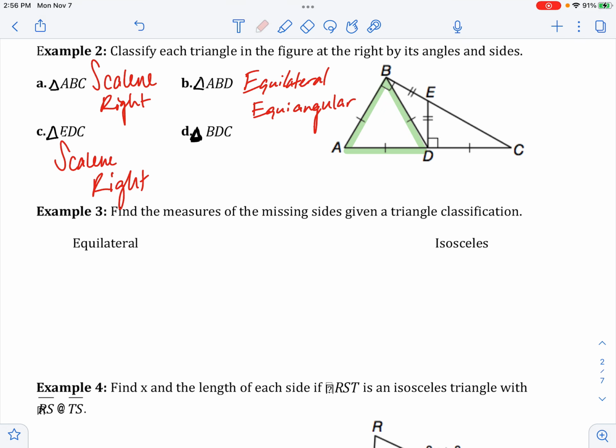And you could also classify that as acute. And then BDC, there we go. Looks like this one has two sides that are exactly the same. So I have an isosceles, and that appears to be an obtuse angle at D. So an isosceles obtuse triangle.